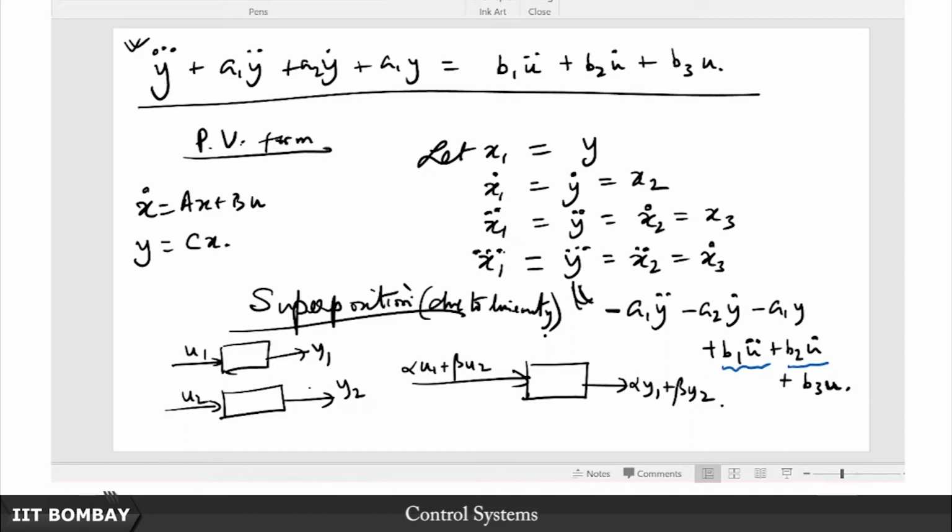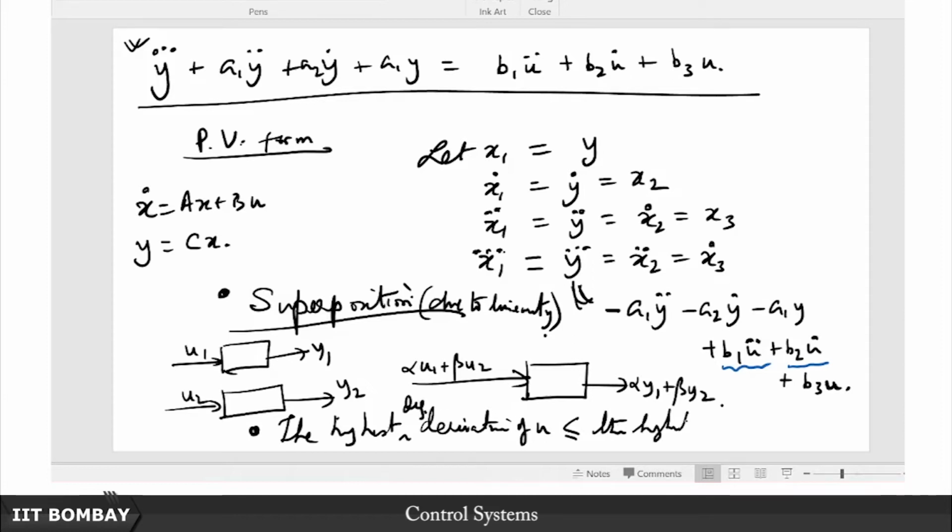The second observation, this is the first key observation, the second observation is that the highest degree derivative of u is less than or equal to the highest degree derivative of y. Why is this so?